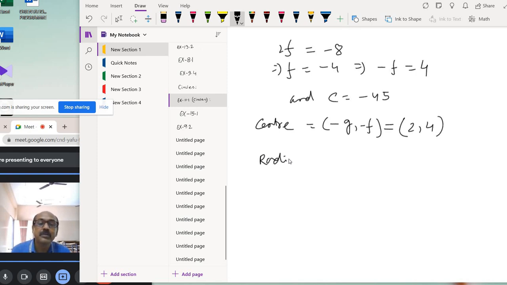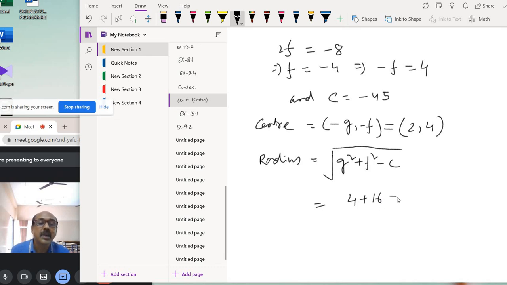Now the radius equal to the square root of g square plus f square minus c. So g square is 2 square, which is 4, f square is 16, so 16 minus minus 45, that is plus 45.